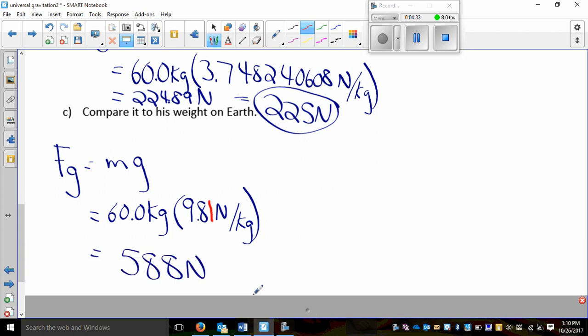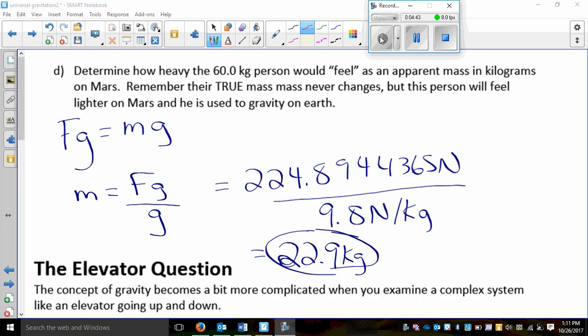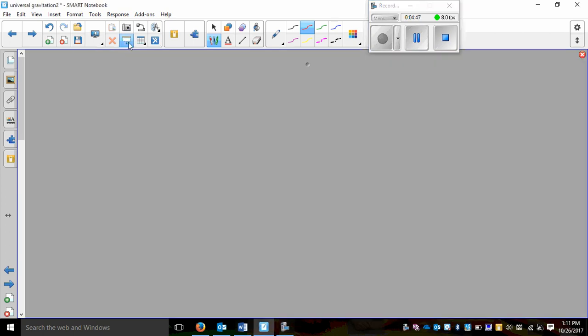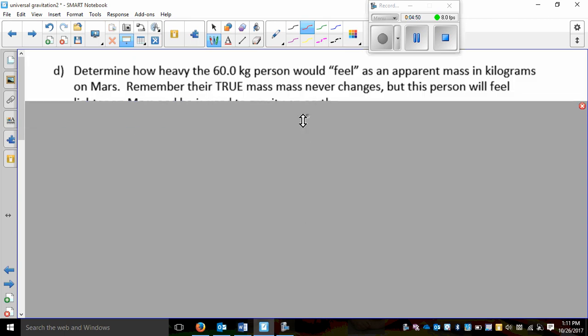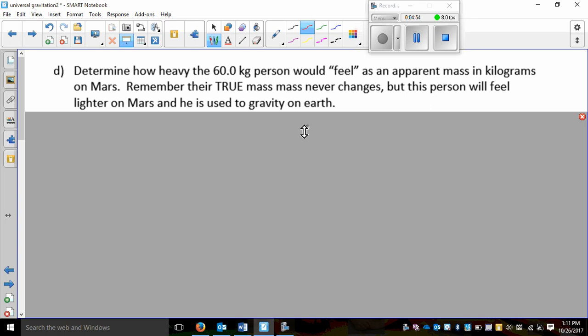Okay, finally determine how that 60 kilogram person would feel as an apparent mass in kilograms on Mars. Their true mass never changed. They're still going to have the same amount of stuff, but the person will feel lighter on Mars than he is used to on Earth. So what we do here is we say Fg equals mg.